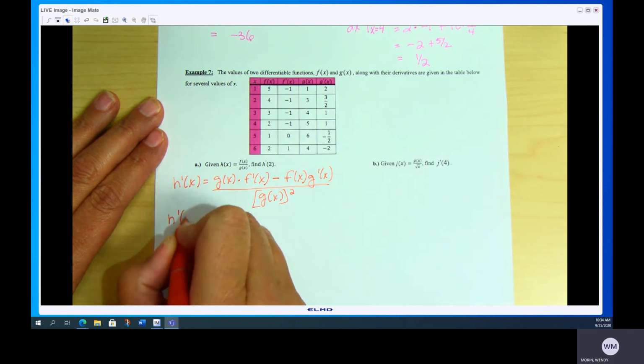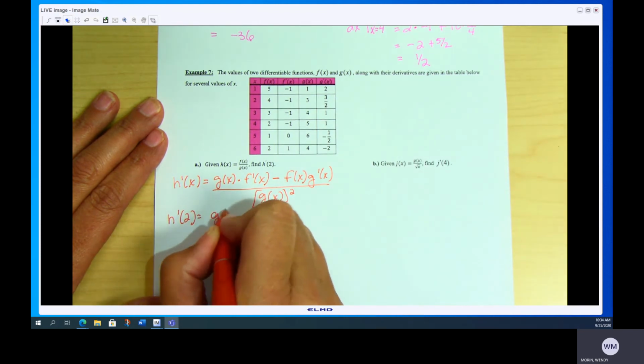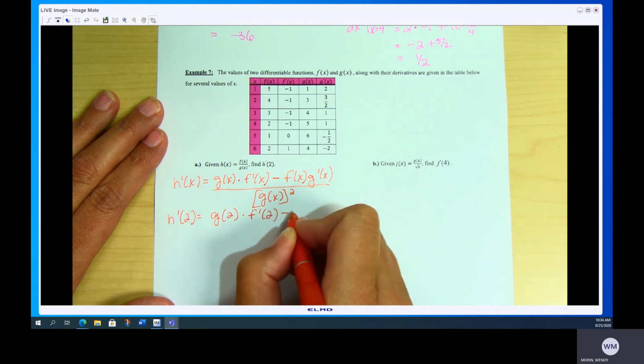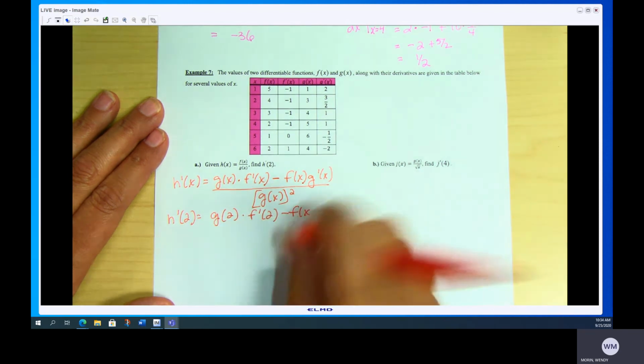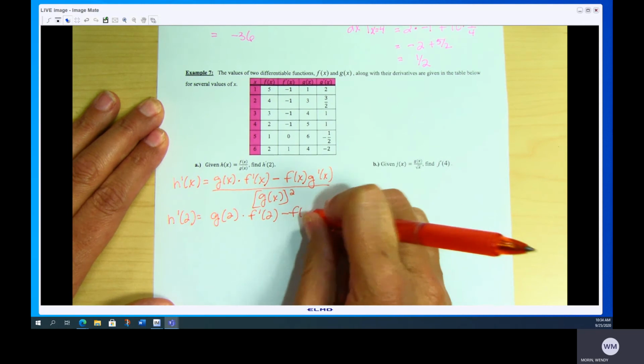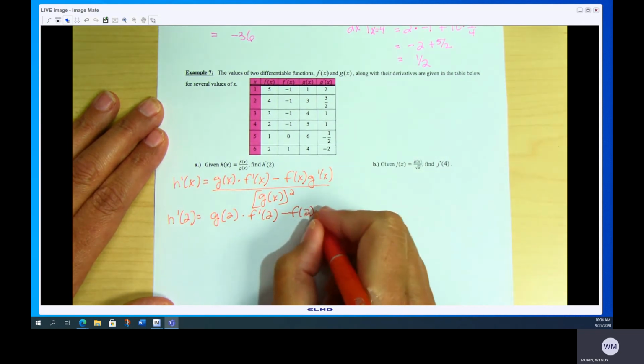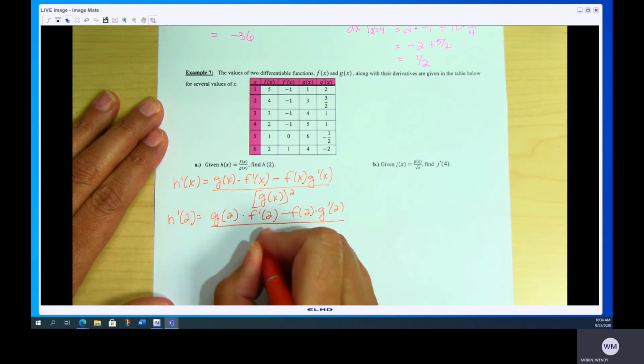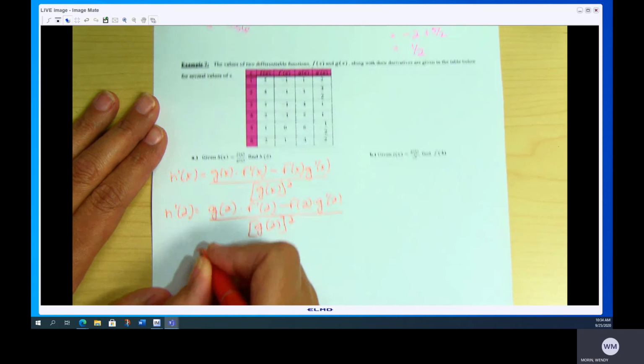We're evaluating that at 2. So g of 2 times f prime of 2 minus f of 2 times g prime of 2 all over g of 2 squared.